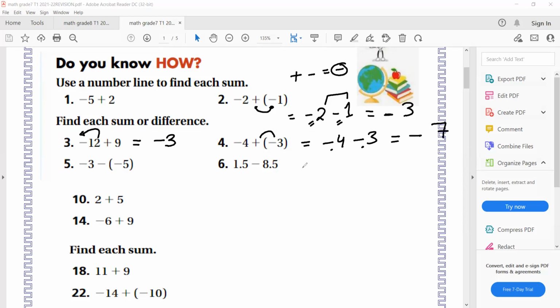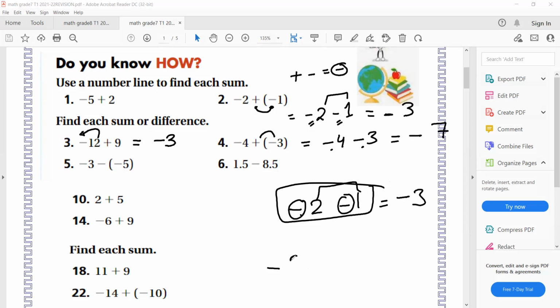Miss, I have a question. Yeah, ask. Here, you said in question number 2, minus and minus, right? I have -2, -1. If I have addition and subtraction with the same sign, add 2 plus 1, 3, and the sign must be negative.